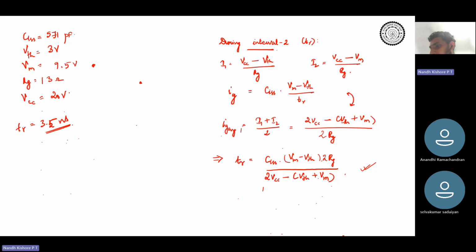Okay. Yeah, I think it is correct. So TR is RG into CISS into V minus V threshold divided by 2. Yeah, this is correct. The formula is correct. So are you getting somewhere around this? What is TR? 3.5 nanoseconds. Is it fine?